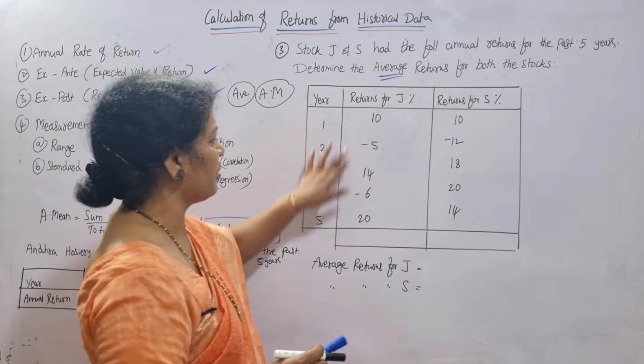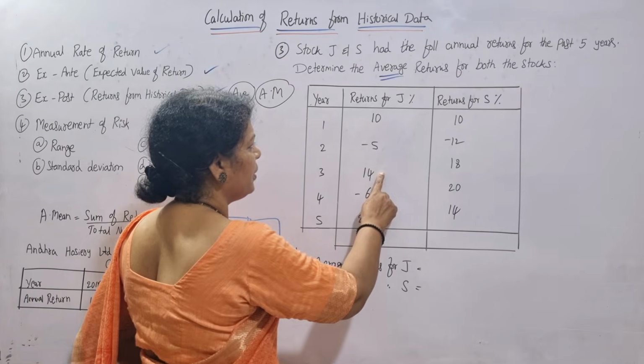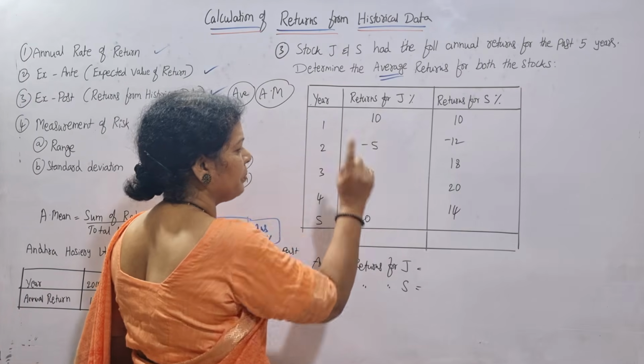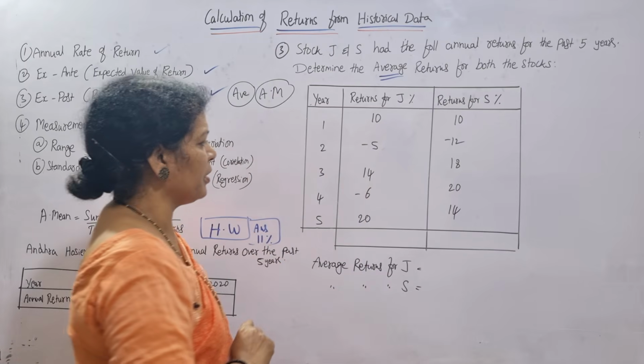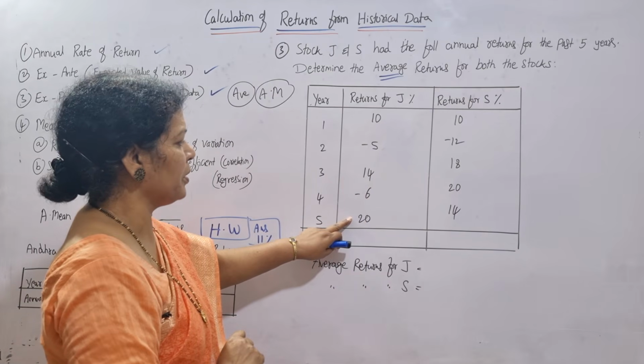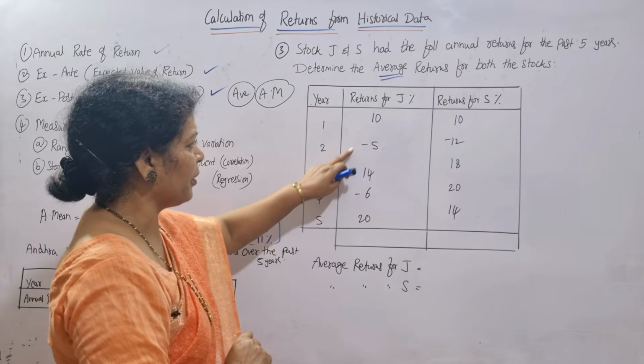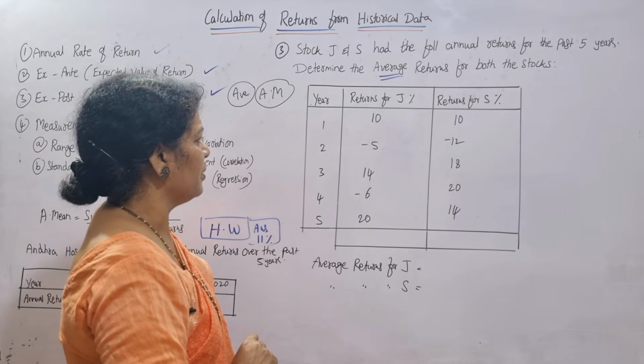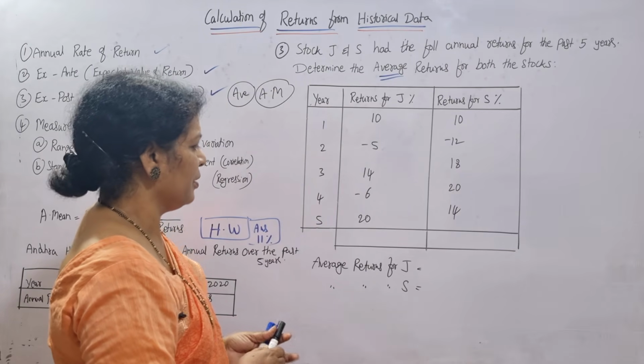Now let's see the calculation. 14 plus 10, 24. 24 plus 20, 44. 44 minus 11, 33.